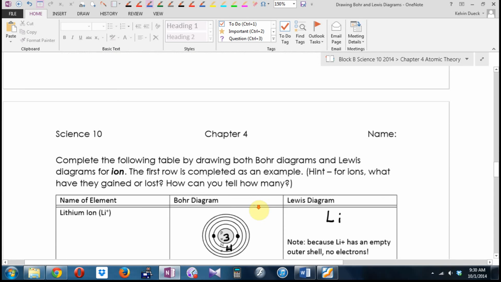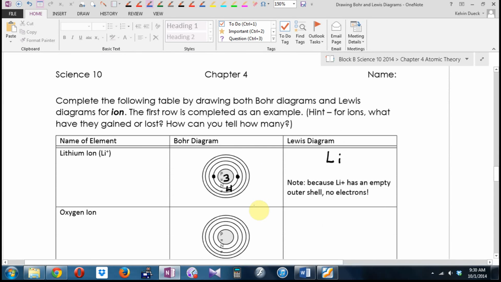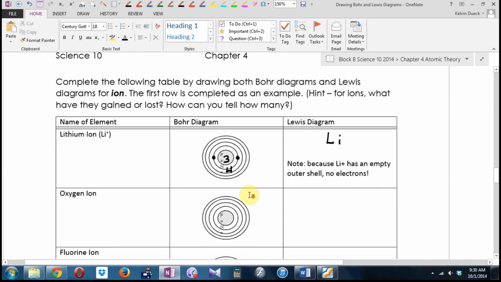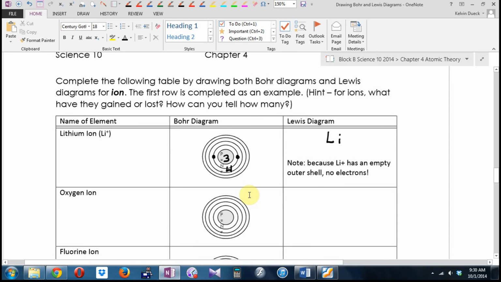Then, can you look at this page, please? Here we're doing ions. And there is a typo in my answer key. So if I was doing a lithium ion, it would be only 2 electrons in the outer shell because that single electron by itself has vanished.